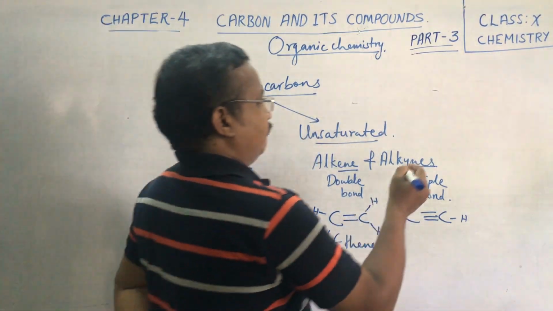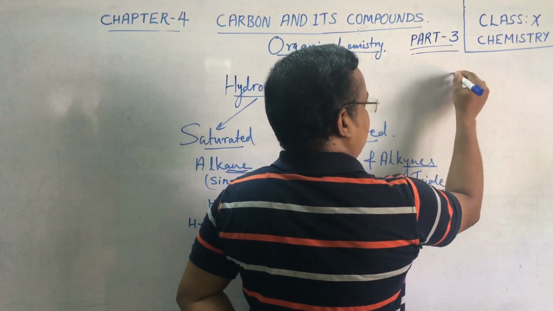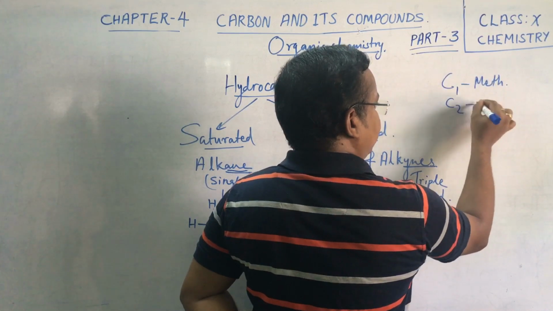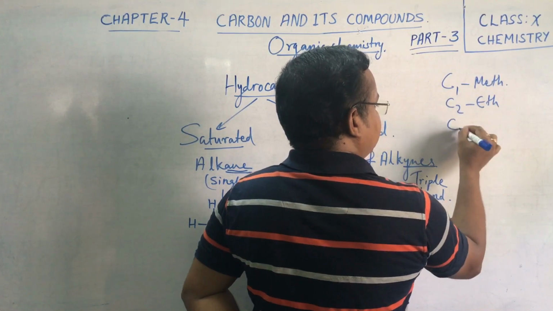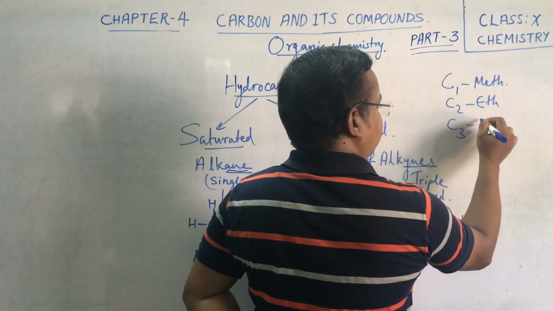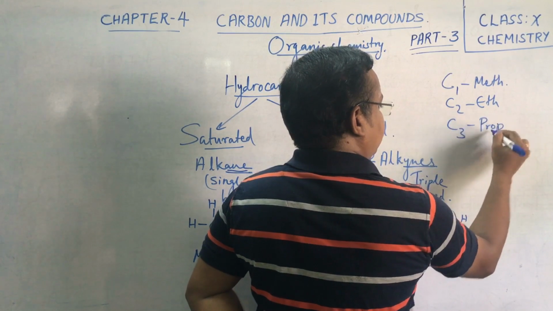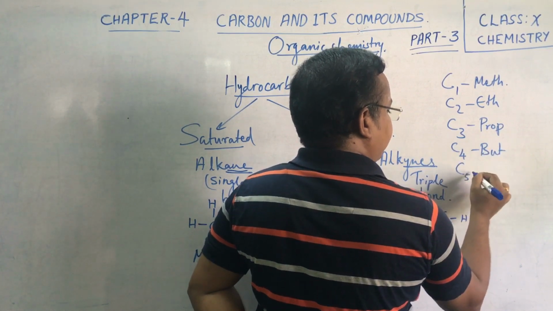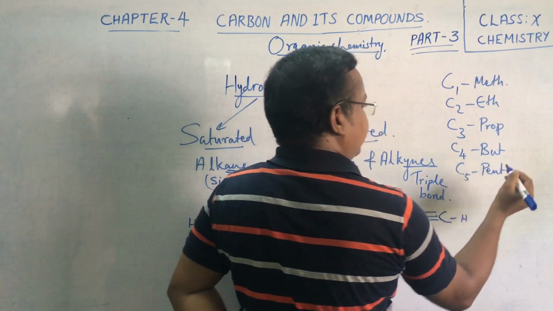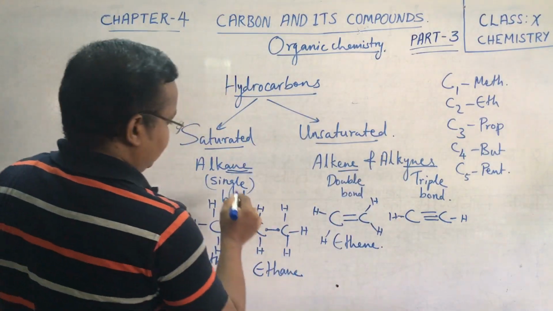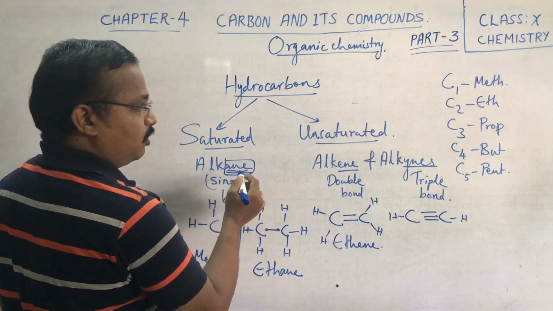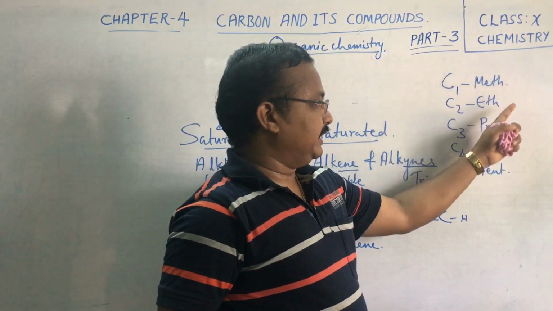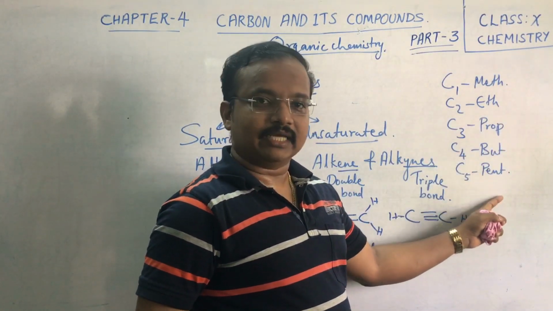Children, remember, when it is a single carbon, C1, it is meth, and if it is 2, it is eth. C3 is prop, C4 is but, and C5 is pent. As I mentioned, in case of single bonded compounds, if you add ANE, you will get methane, ethane, propane, butane, pentane, like that.